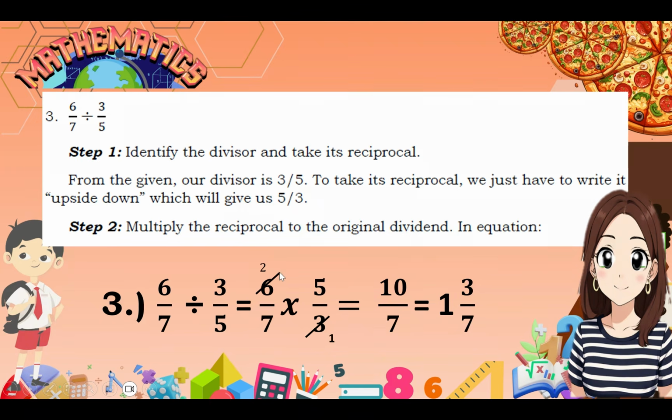Then proceed to multiplication. 2 times 5 equals 10. 7 times 1 equals 7. Then since it's an improper fraction, change it to a mixed number. 10 divided by 7 equals 1 and 3/7, wherein 3, the numerator, is the remainder.